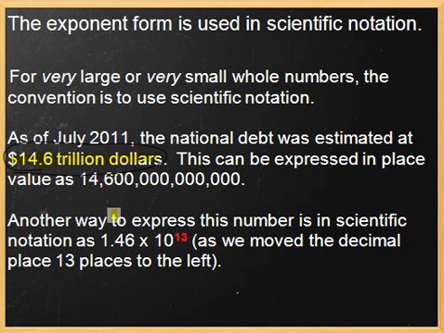In order to write this in a more compact form, we can express it in scientific notation. In scientific notation, we have our lead number followed by 10 to some power. To move our decimal place to the left, we would have to go 13 places in order to get to 1.46. Therefore, we have 1.46 times 10 to the 13th.